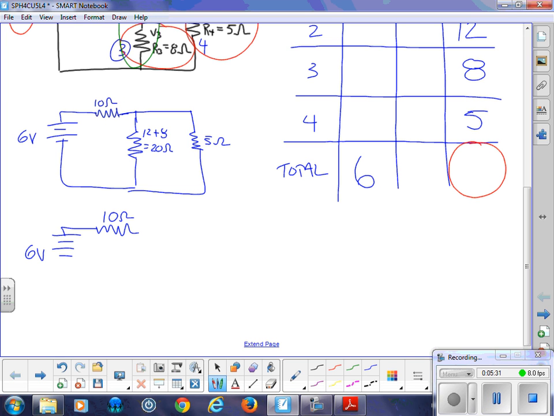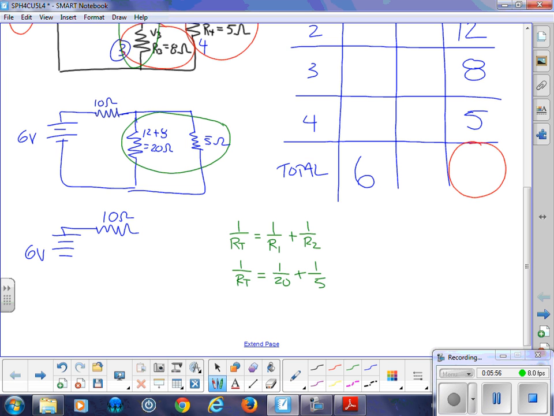What I'm going to do is combine these two resistors together. They're in parallel, so I have to use 1 over R total is equal to 1 over R1 plus 1 over R2. So just the calculation from the other day. My total resistance then, 1/20th plus 1/5.